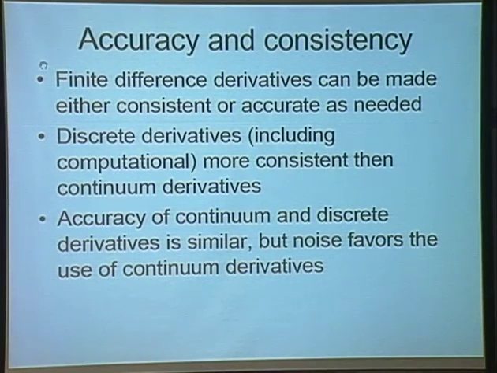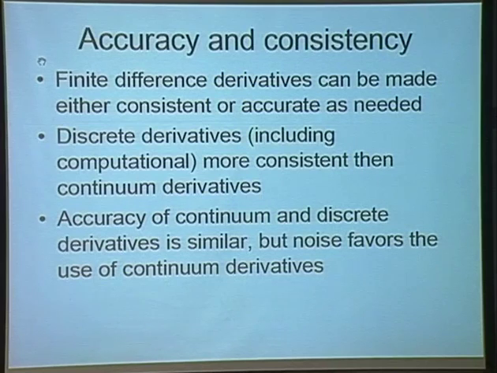If, on the other hand, you do remeshing, then this consistency is not that important. There is not much difference between the accuracy of continuum and discrete derivative, but if you have noise factors like remeshing, continuum derivatives are more important.